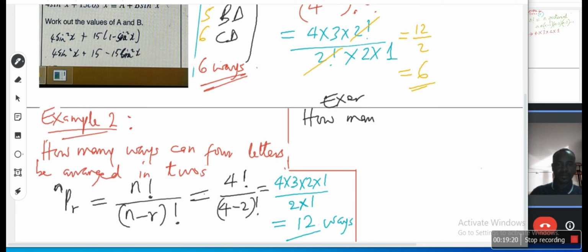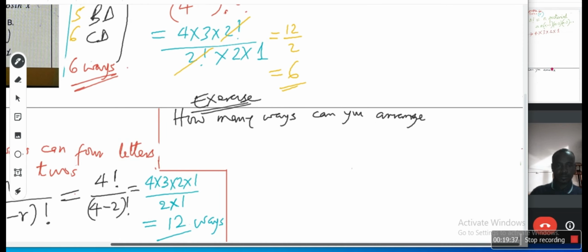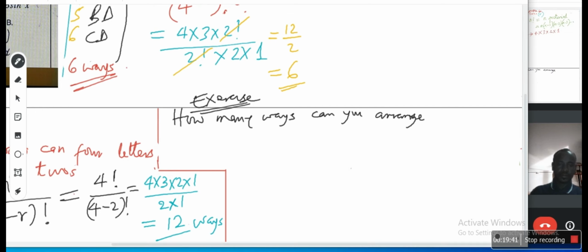So this is an exercise. Maybe I should use 7 different colors, or maybe 10 different colors.